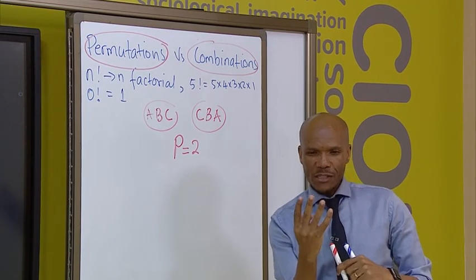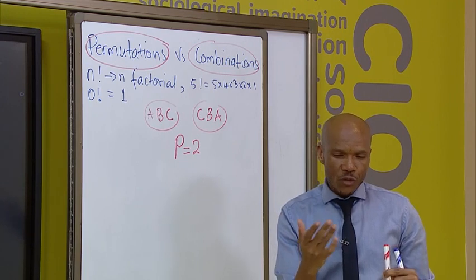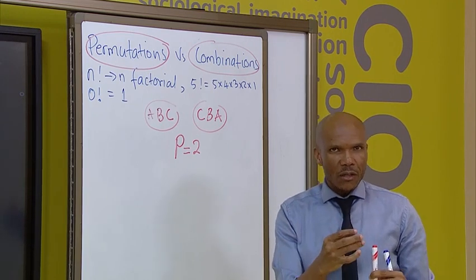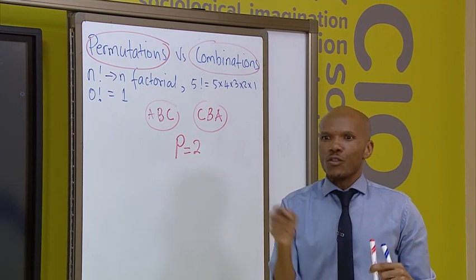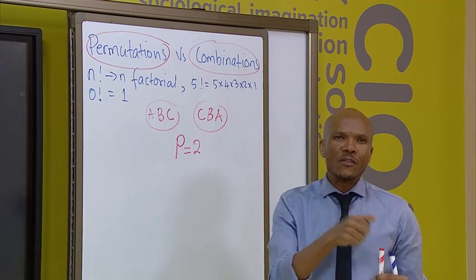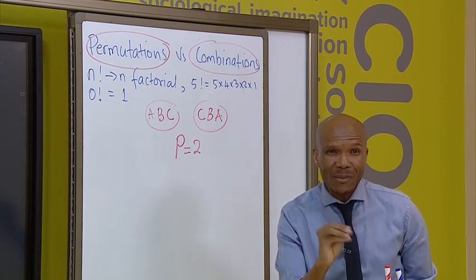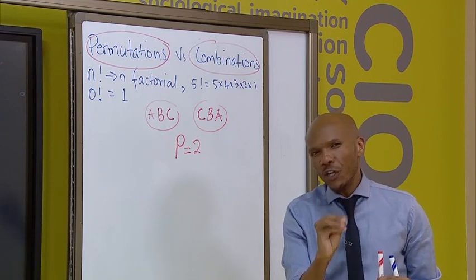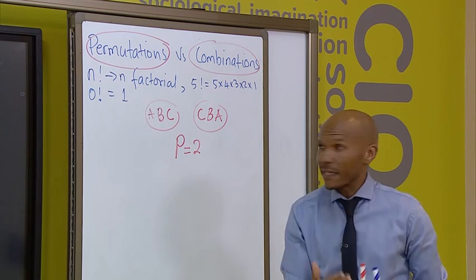If your PIN code is 3215, you've got 3, you've got 2, you've got 1, you've got 5. You cannot go to the ATM and punch in 2, 5, 3, and 1. No, you won't. You have to follow the same combination. That's why the order matters. And this is where we use permutations in real life as well.